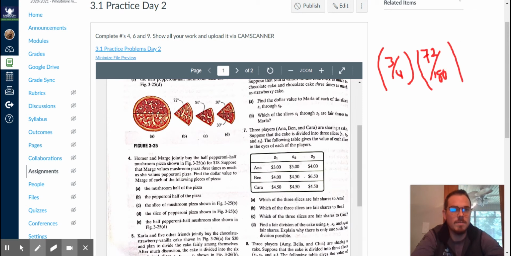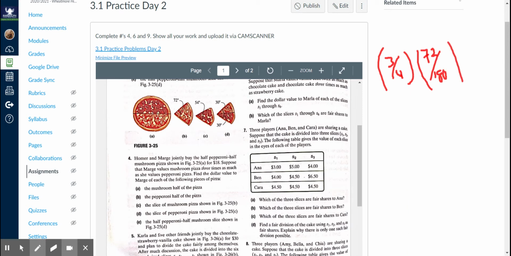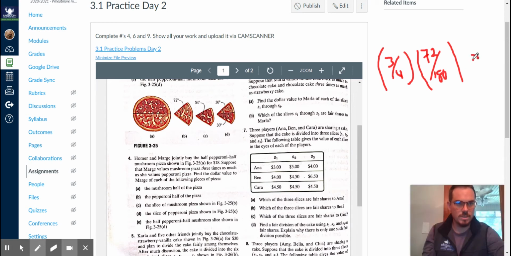I'm going to grab Desmos real quick, because that's going to give me the easiest, quickest answer. 3/4 or 0.75 times 72 out of 180 is going to give me 0.3. Then we multiply that 0.3 times the $18 that it was worth.